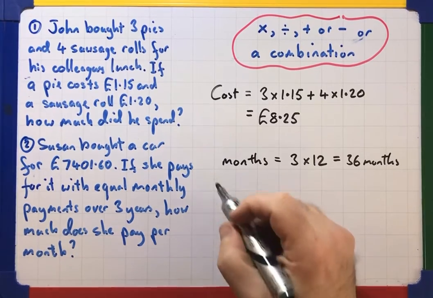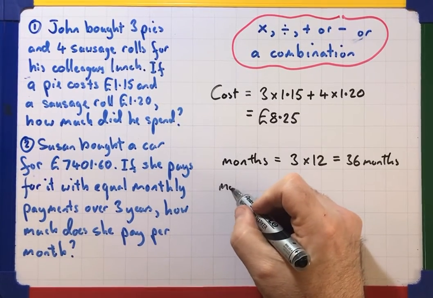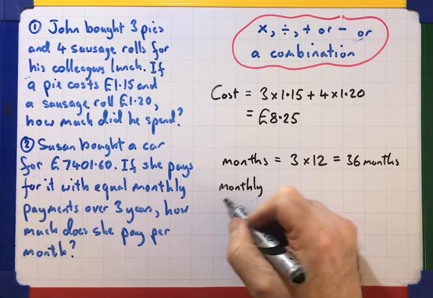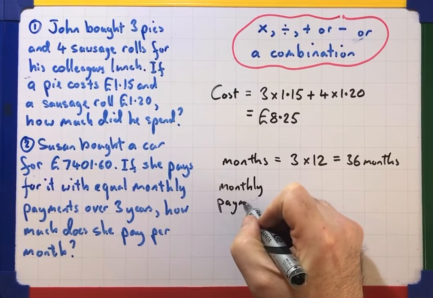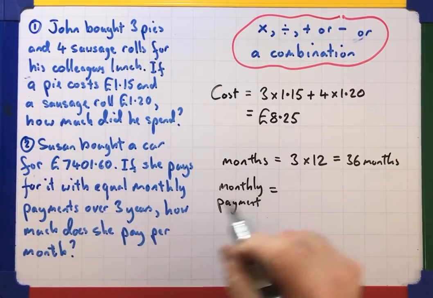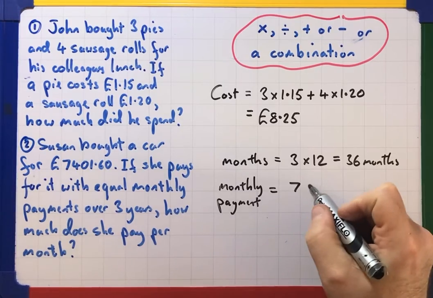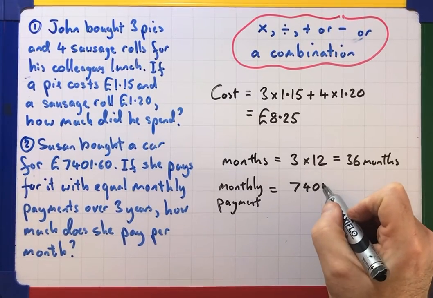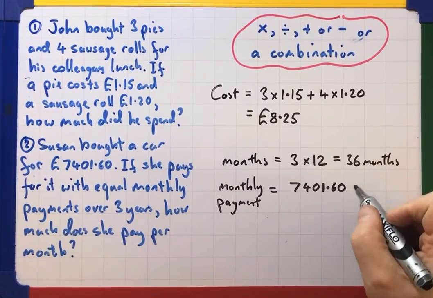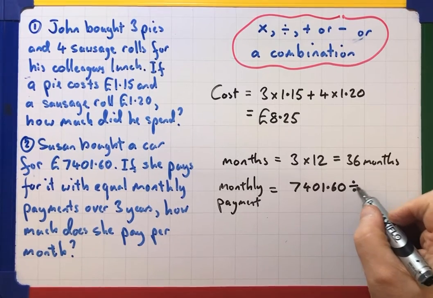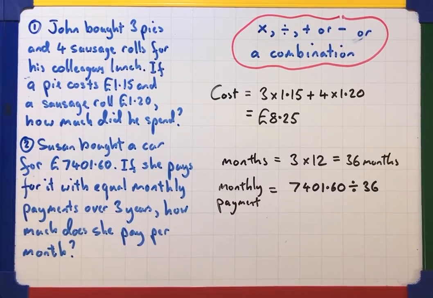Okay, so the monthly payment is going to be the total, which is 7401.60, divided by the number of months.